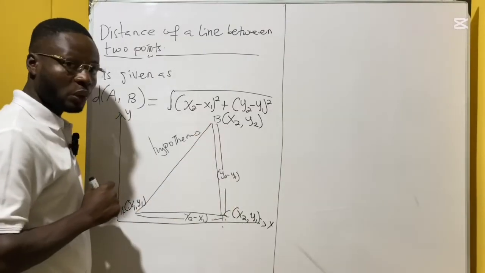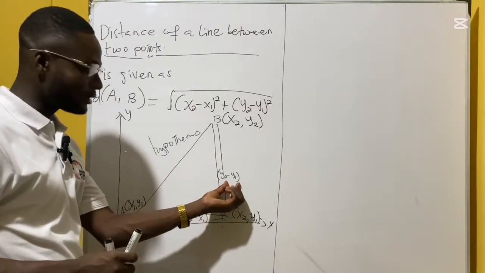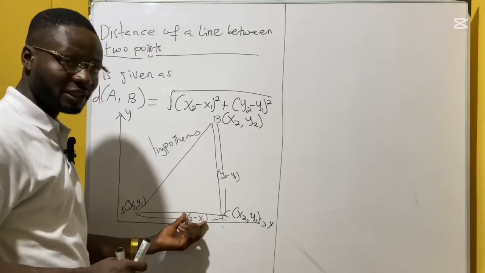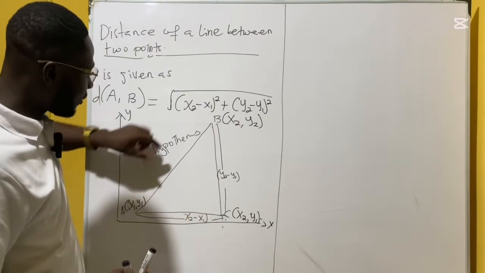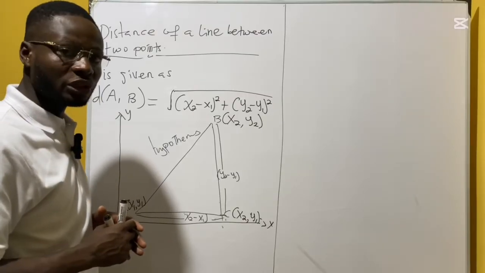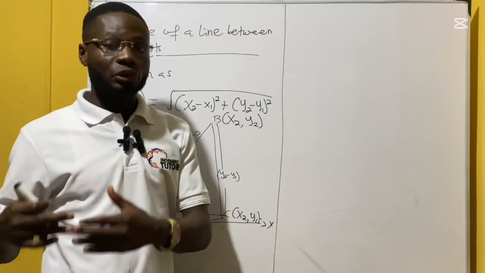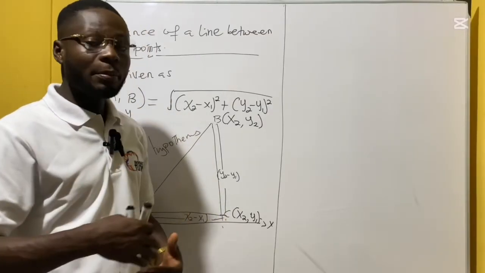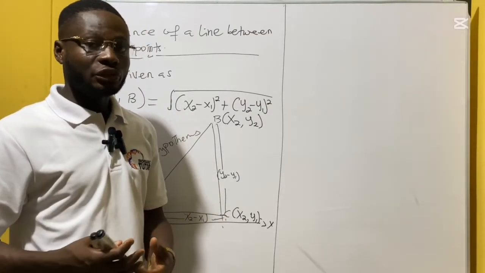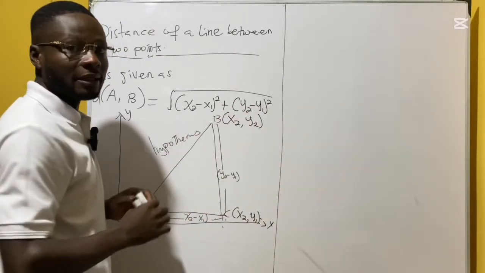Now we want to find the distance. We know this and this, but we don't know that of this, so we apply the Pythagoras theorem. With the help of the Pythagoras theorem, we can derive this formula.